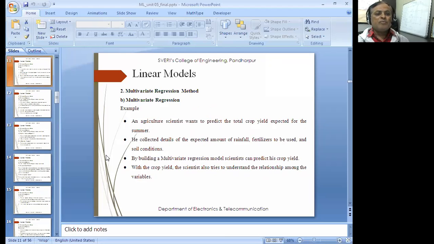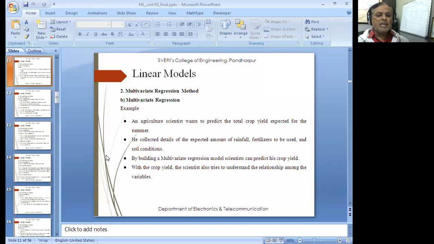The best example of multivariate regression is to predict the total crop yield expected in the summer. How? By selecting features or variables such as rainfall, fertilizers, and the soil conditions. When these features are analyzed and applied through multivariate regression, we can easily predict the crop yield.